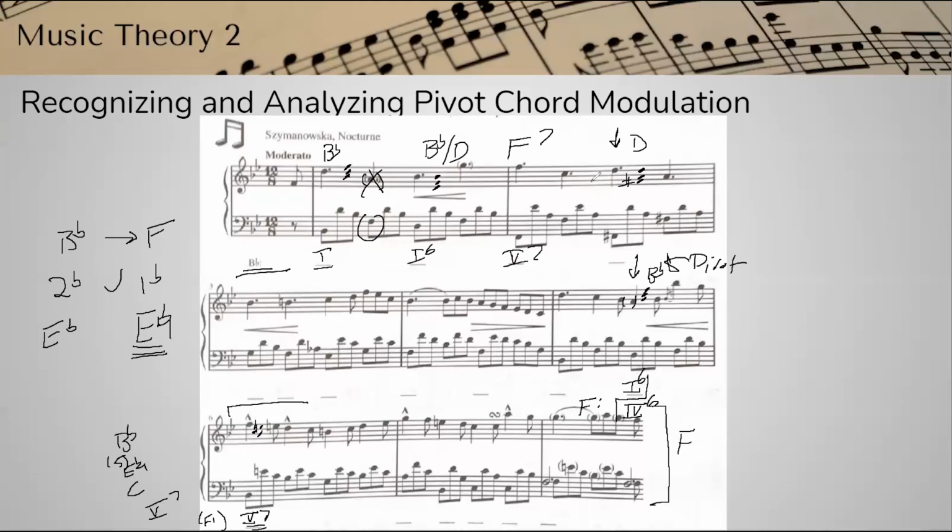So this is going to be some kind of secondary function chord. Since it's a major triad, we know it's going to be a 5 of something. Well, what key is D the 5 of? D is the 5 of G, and in the key of B flat, G is a 6 chord, so this is a 5 of 6. Okay, and it's all first inversion, so 5, 6 of 6.